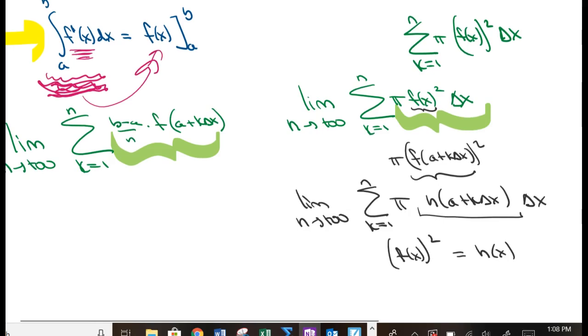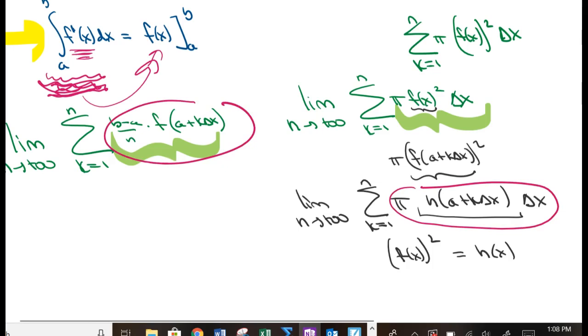And what you see here, look at this sum. Well, b minus a over n right here is just delta x. This constant I can pull through so it won't affect anything. And then look what I've got: h of a plus k delta x.